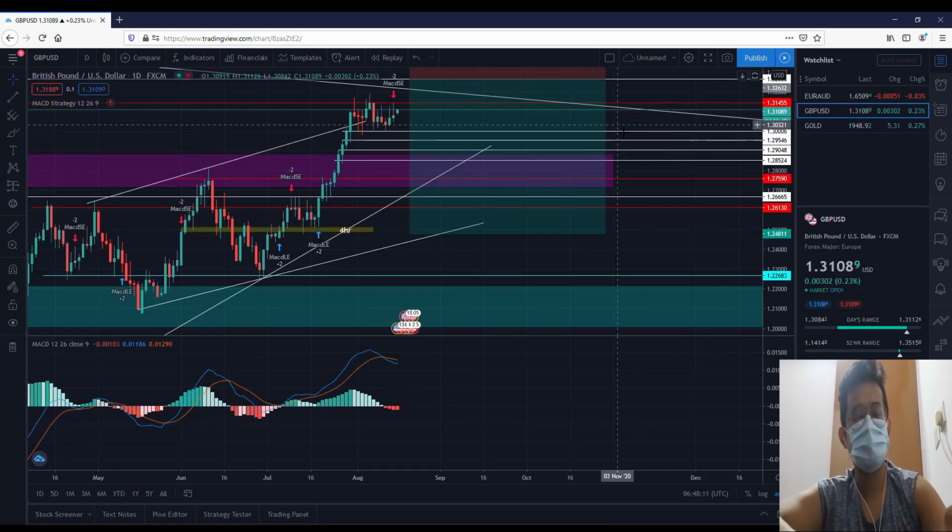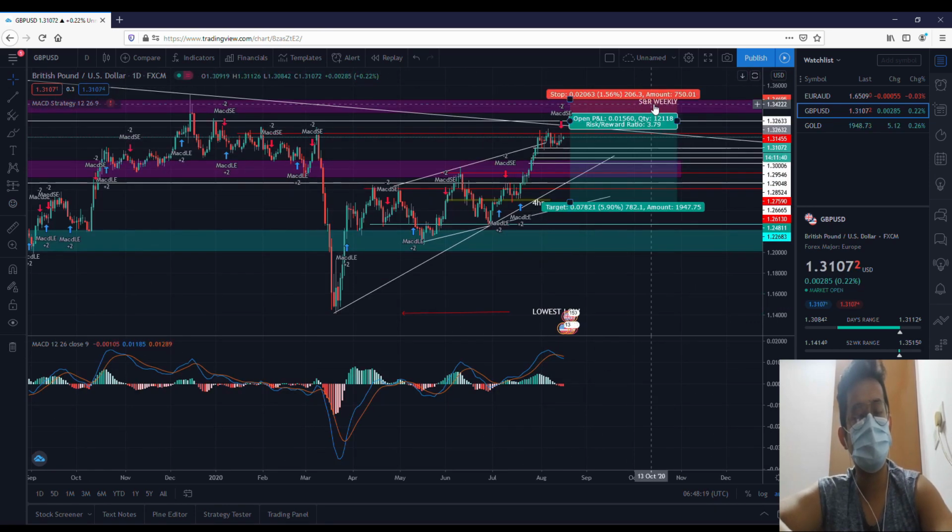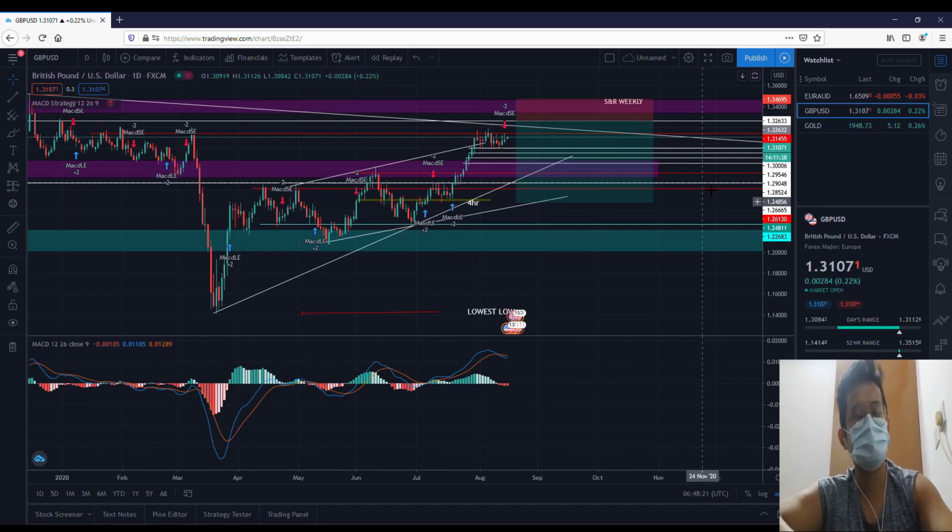So the take profit 1, wait, let me see how many pips that is for our stop loss. I got 206 pips stop loss. My take profit 1 is at, oh come on, green.